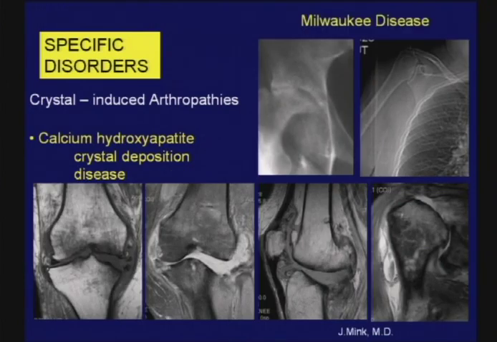Now, calcium hydroxyapatite crystal deposition in and around a joint is an interesting phenomenon that was studied in great detail by rheumatologists probably about 25 years ago. Those rheumatologists were from Milwaukee initially, and the disease, Milwaukee disease, was described. How many of you have heard of that? Right.